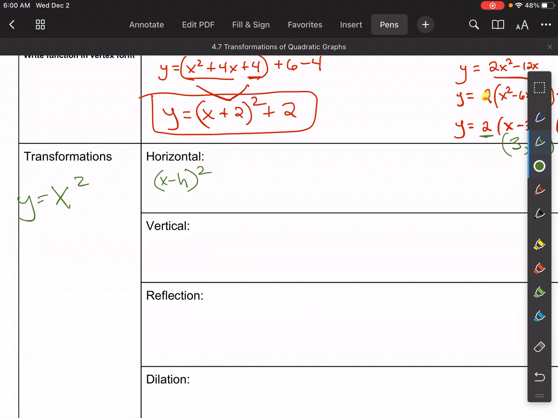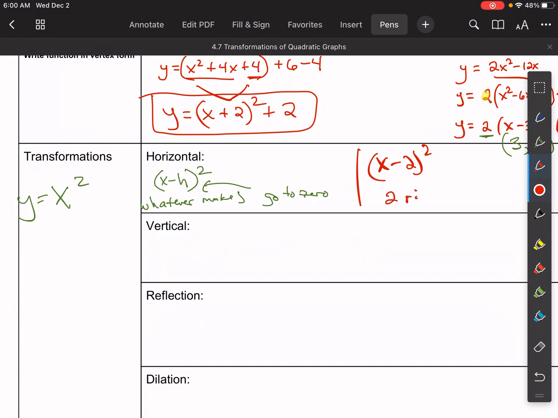So a couple of examples. So for horizontal, what you probably want to write down in your notes is it's whatever makes this guy go to 0. Okay, so for an example, if you want to write an example down, if I have like x minus 2 squared in there, this is a shift to the right 2, because 2 would make this go to 0, so it's a positive 2, so it shifts 2 to the right.